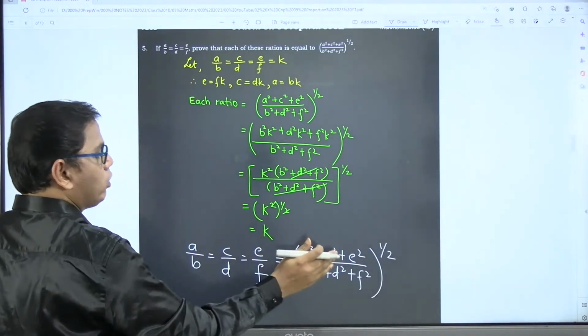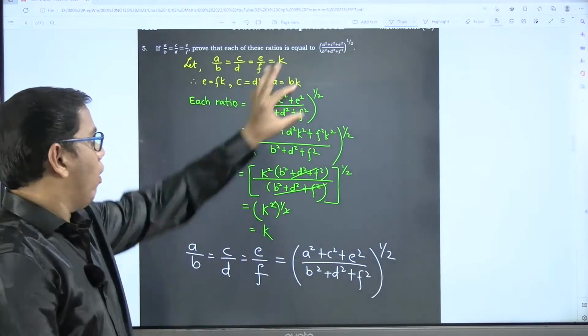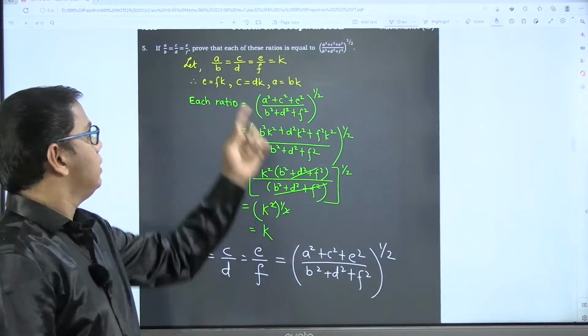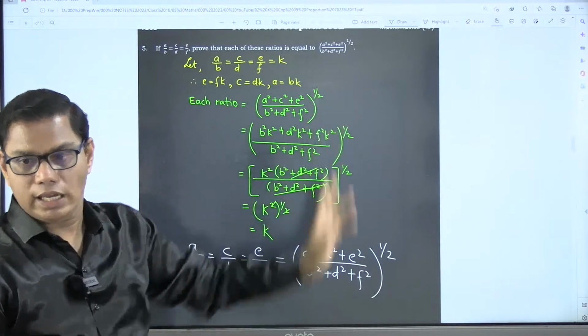Okay, each ratio is equal to this ratio. So we have to prove that each ratio is equal to this expression.